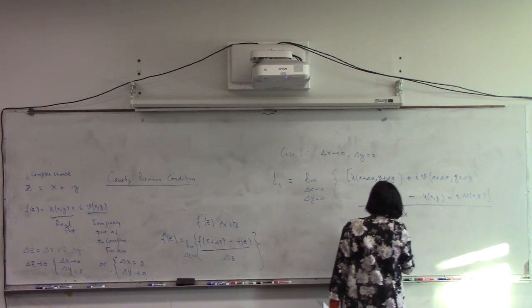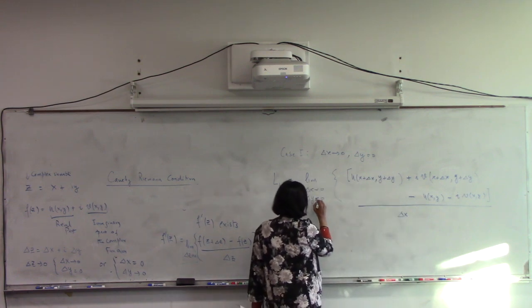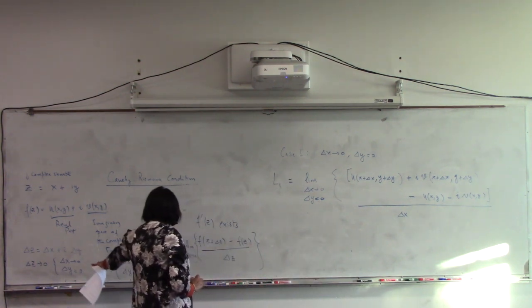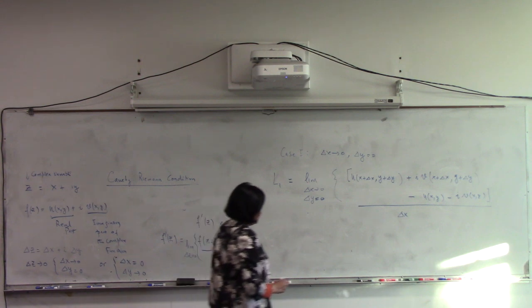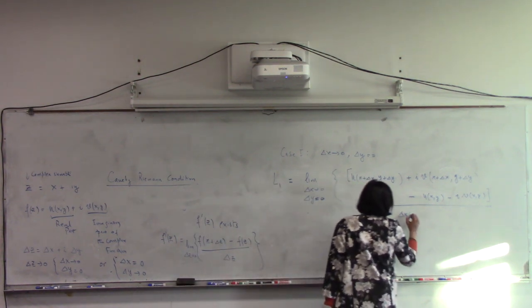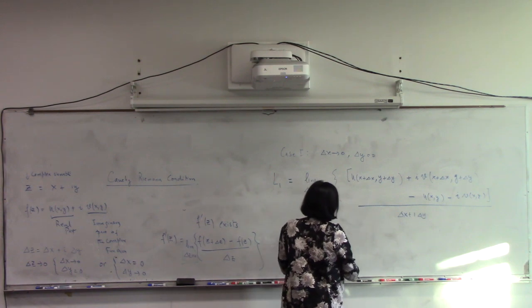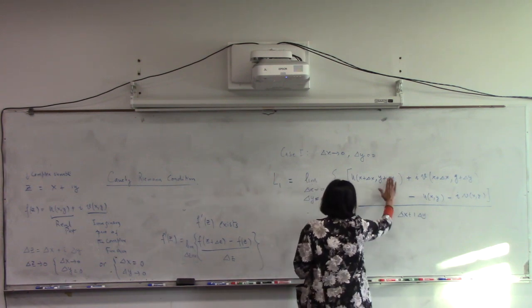I'm going to put delta x only, because I have put delta y equal to 0, since I'm trying to do the first case. So delta y equal to 0, if I put that, I can get rid of that.